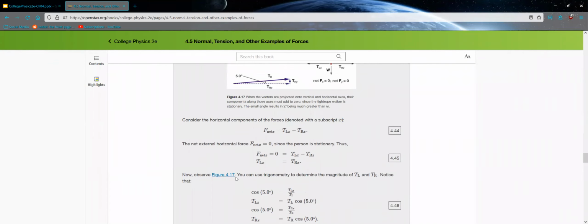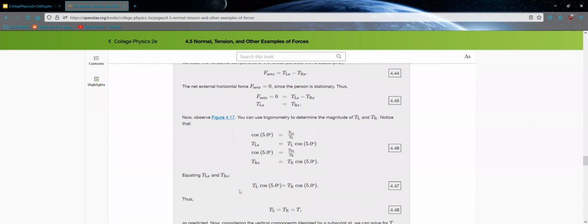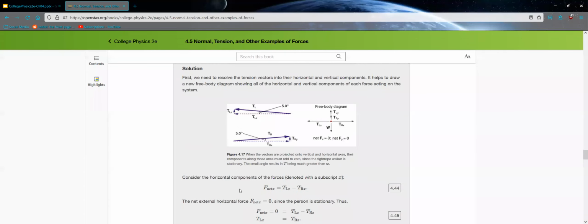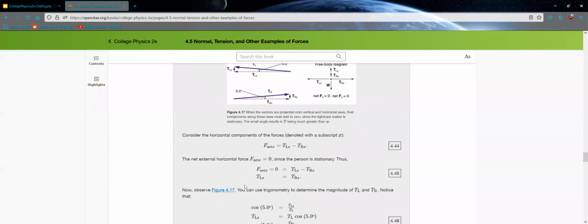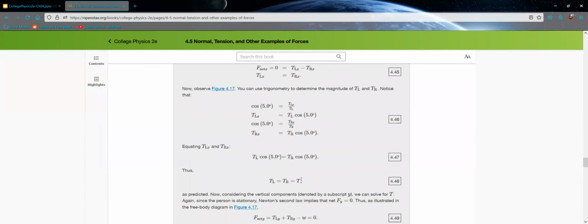So that's kind of going over 4.44 and 4.45 is what I just talked about there. So given the trigonometry here and our sines and cosines for our x and y components, we can solve for the tensions of the various parts there, right? So the cosine of 5 degrees equals TLX over TL.